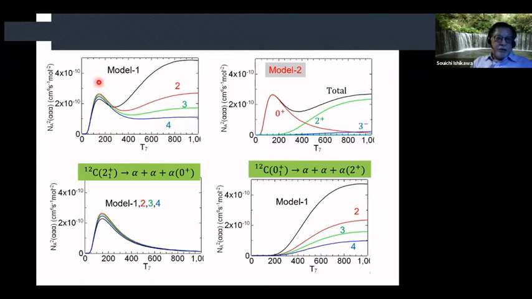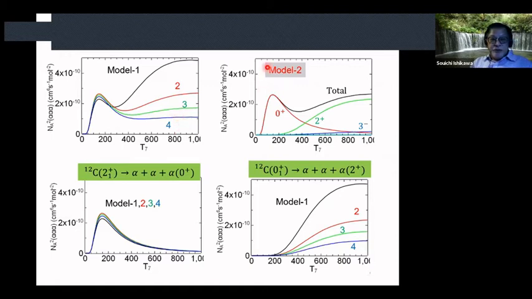For lower temperatures, this is model 1 to model 4, depending on colors. At low temperatures, the model dependence is rather mild, but as temperature increases, quite large model dependence appears.